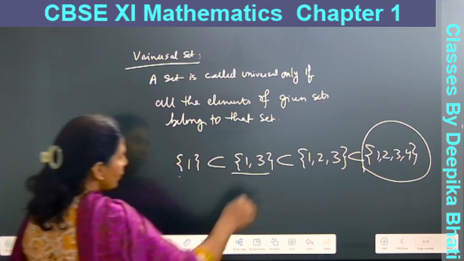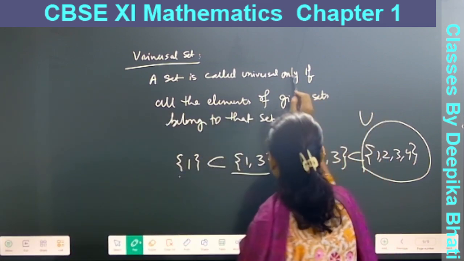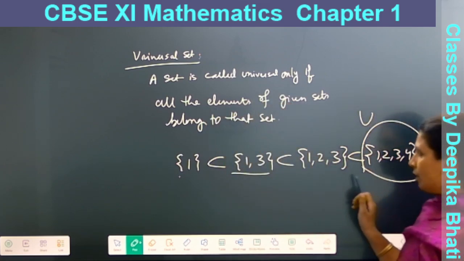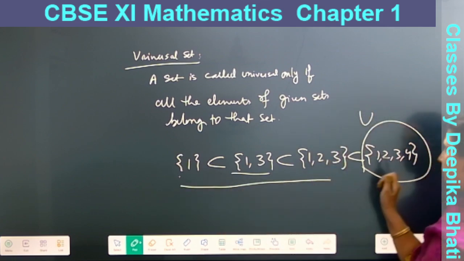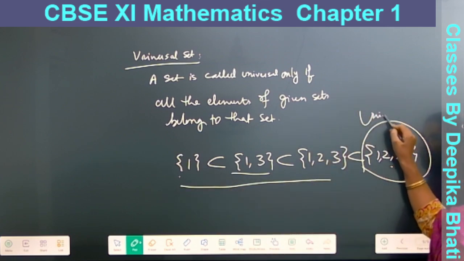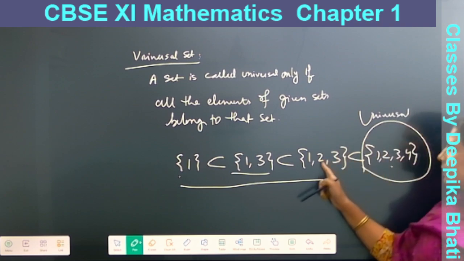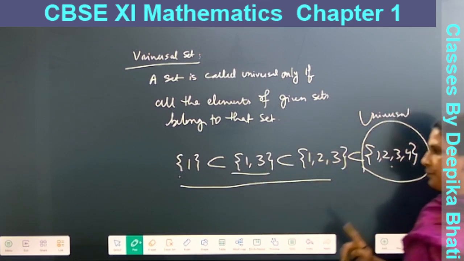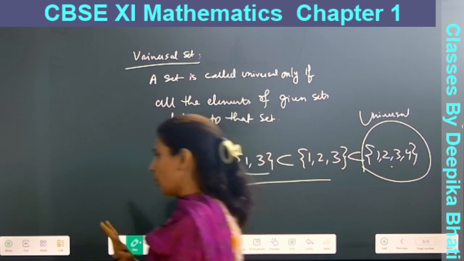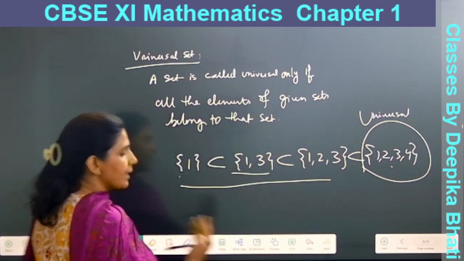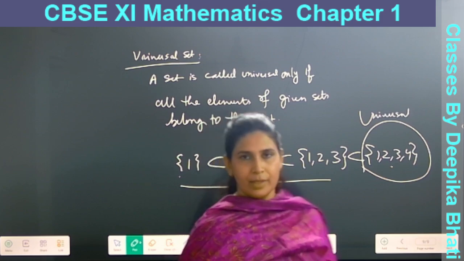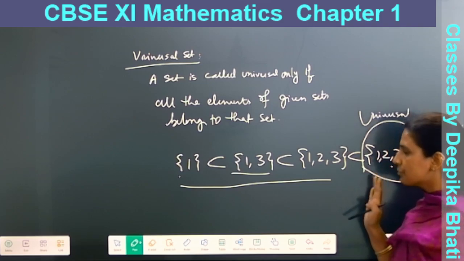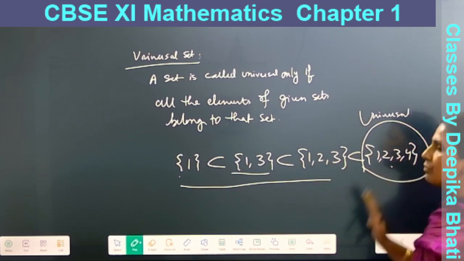Okay. So universal set is the set where all the elements of given sets belong to that set. If all the elements of the given sets belong to that set, it is called universal set, because superset is this one also, but universal is unique. Universal set is always unique. Superset can be one or more sets. Is that fine? So in this example you can clearly understand the difference between the superset as well as the universal set.